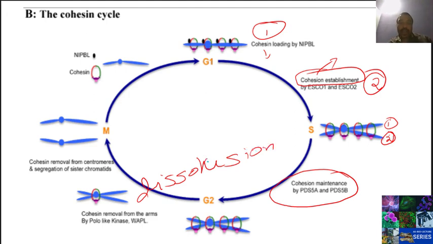Then fifth stage is completion of cohesin removal. Okay, so 5 stages. We can summarize the total cohesin cycle into 5 stages.